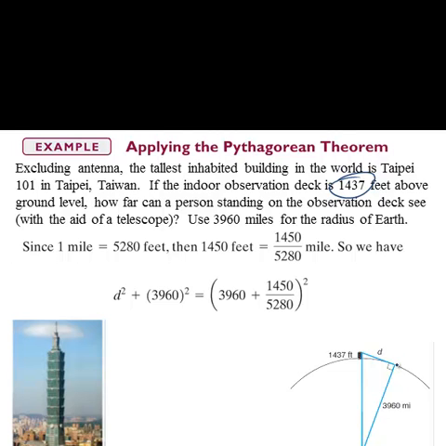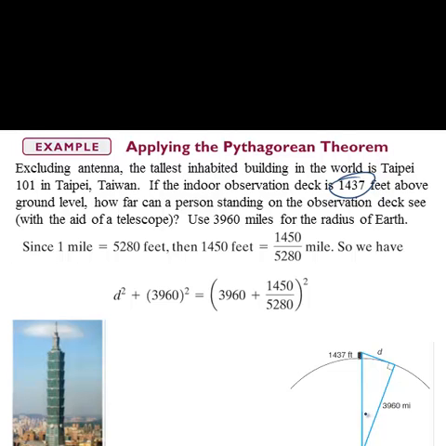And then the other leg, of course, is that radial line segment from that point where your vision stops on the surface all the way down to the center of the Earth. And then the hypotenuse is that line segment from the top of the building down to the center of the Earth. This is a right triangle.